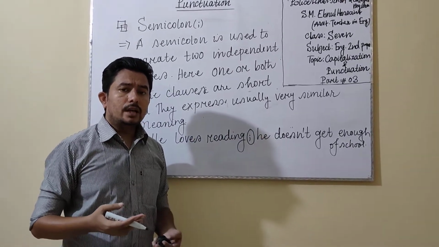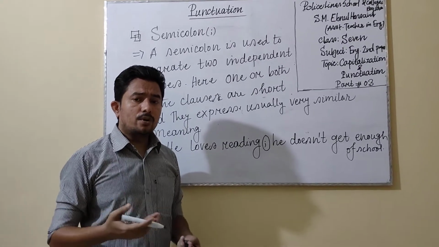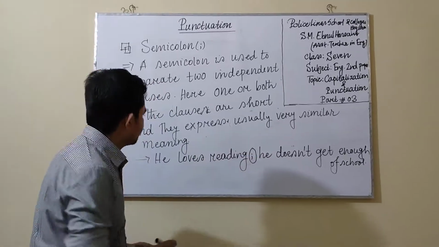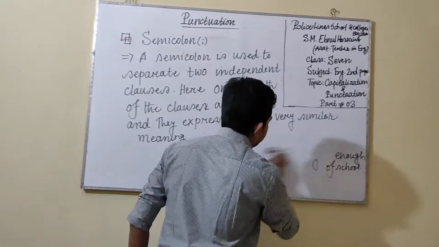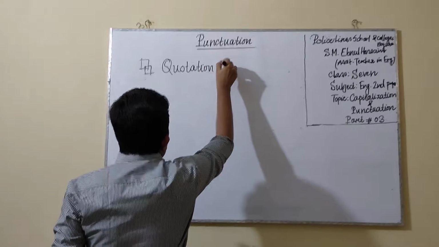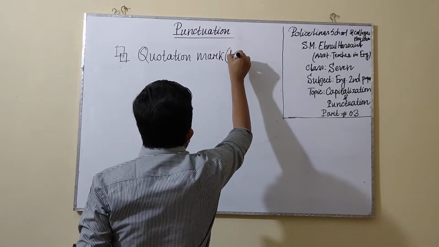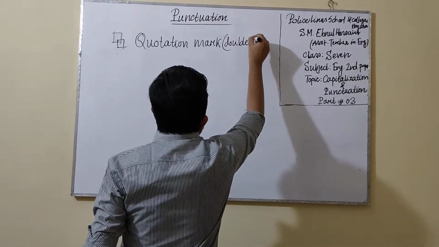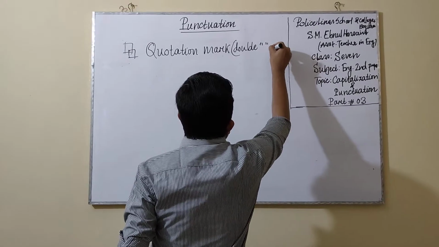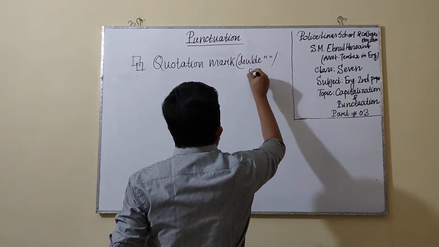So now we are going to learn another punctuation mark, and it is a very important punctuation mark, that is the inverted comma or quotation mark, double and single.